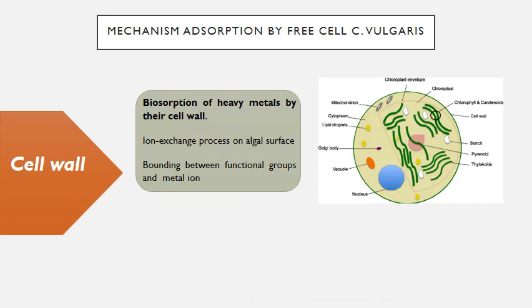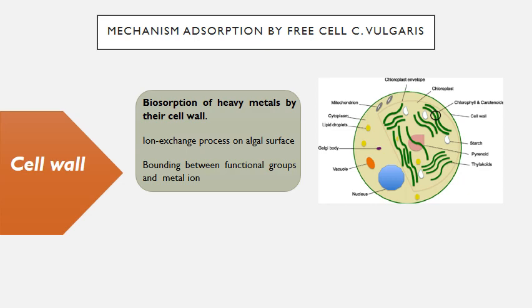The other part of Chlorella that also has a function is the cell wall. The cell wall has a part in the biosorption of heavy metal through the ion exchange method, where the ions present on the algal surface, like magnesium and sodium, are displaced by the metal ions.